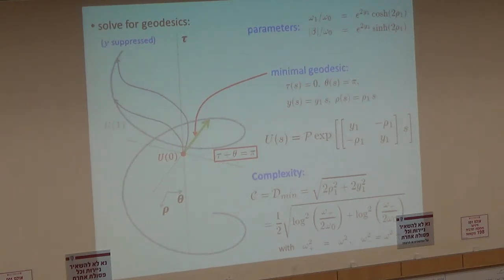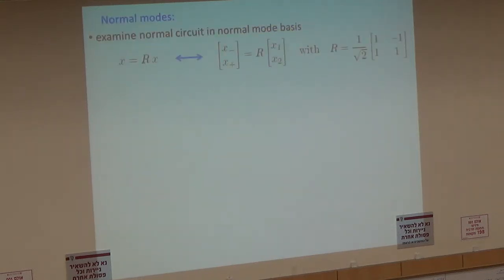You can do lots of things with that. But the natural question is, why does it look so simple in terms of the normal modes? Well, the normal mode space is just doing some rotation to our original x1 and x2. So you can translate the problem and look at it from the perspective of the normal mode space.